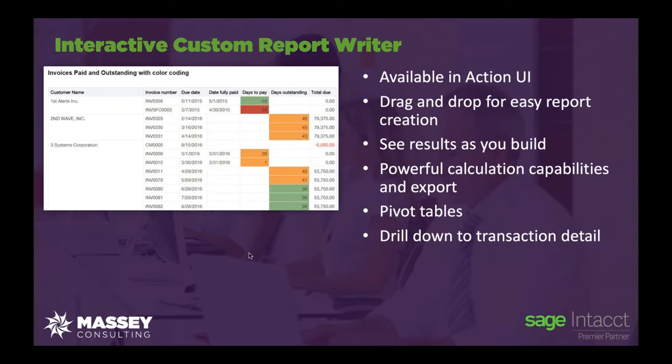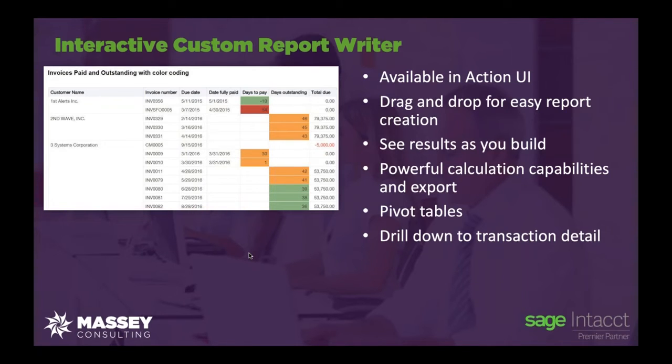So you're able to write reports like this one you see here on the screen, invoices paid and outstanding with color coding. If you see one that you want more information about, you can drill down into that invoice and see perhaps the invoice, the line items, whatever it may be, right? So there is a fee for the interactive custom report writer.